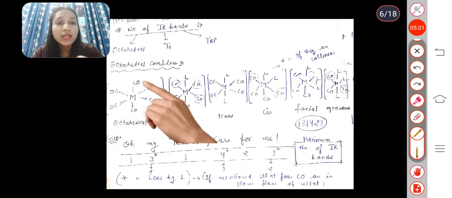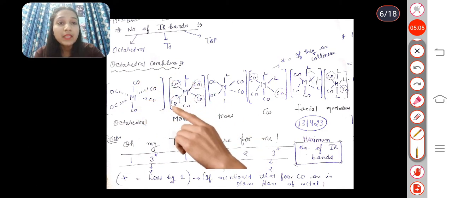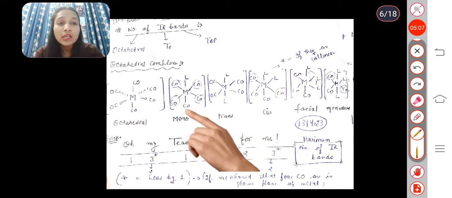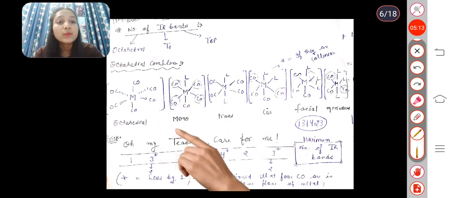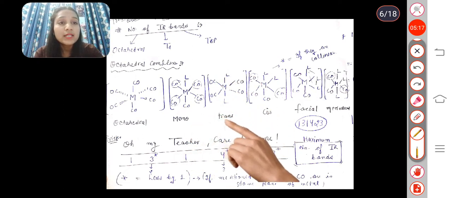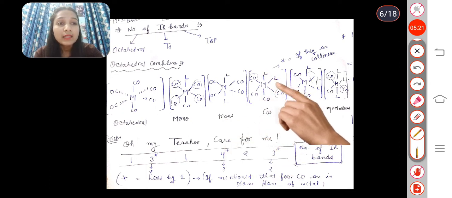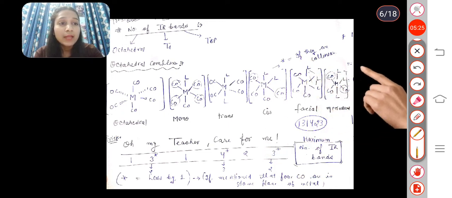This one is an octahedral complex in which all ligands are the same. If you replace one ligand, the rest 5 ligands are the same, you have replaced only one ligand, then it becomes mono-substituted octahedral. If you replace 2 ligands from opposite sides, it becomes trans, and if you replace from the cis position, it is cis, facial and meridional.